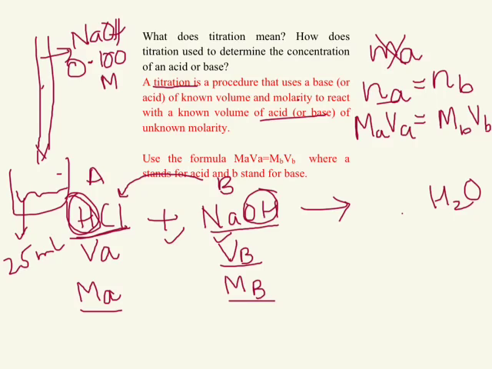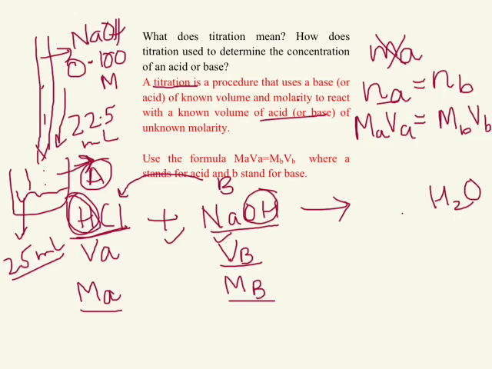And what we do, we add an indicator. And what does that indicator do? When all the acid gets neutralized, the solution changes in color. So let's say we are adding 22.5 milliliters of sodium hydroxide from this burette, and this neutralizes all the acid.